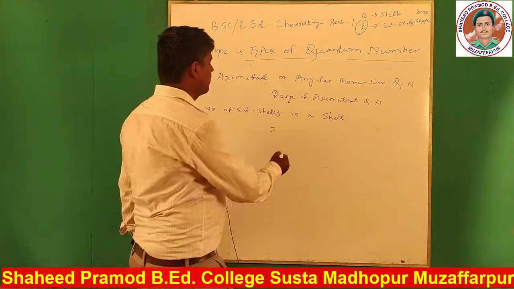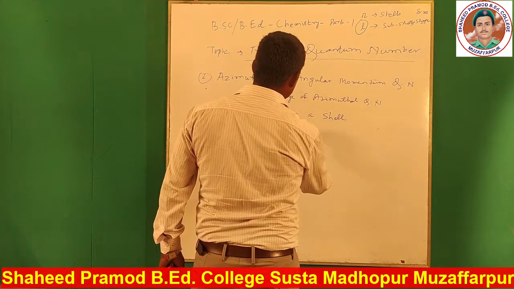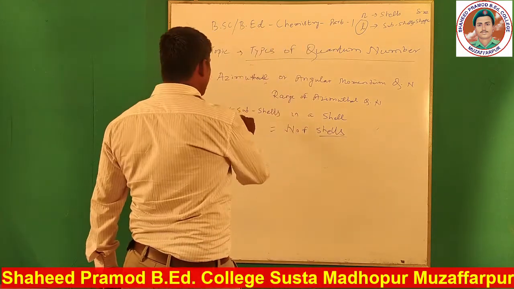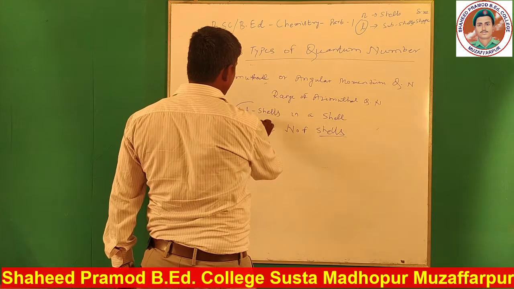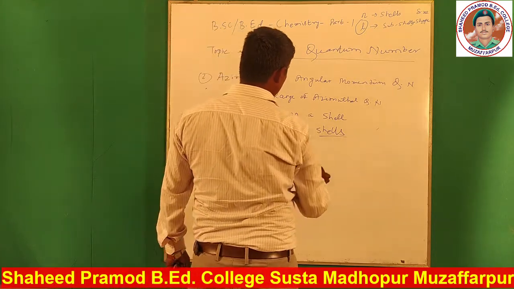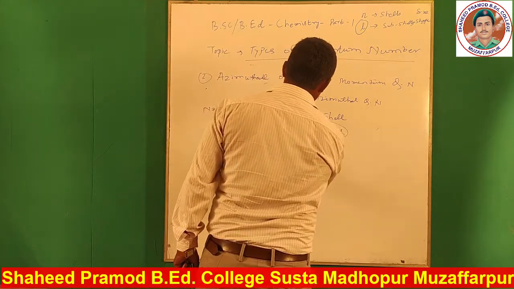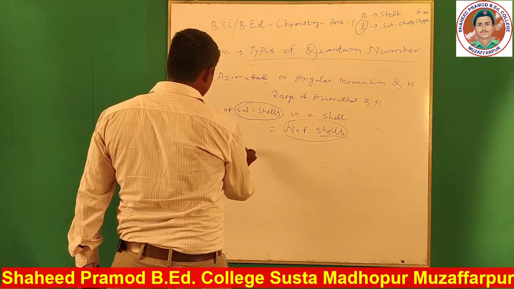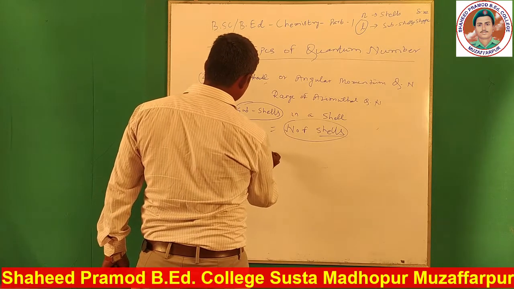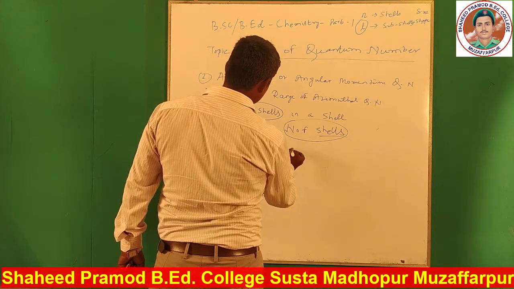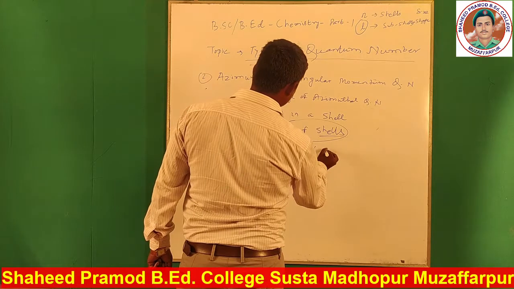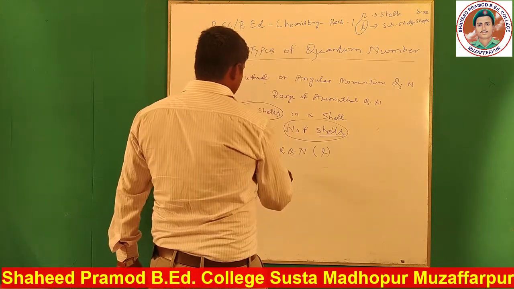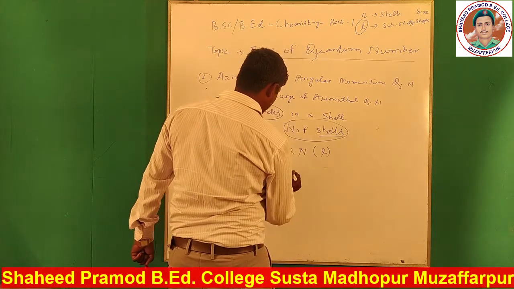It will be the number of the cell itself. So, the number of subcells will be equal to the number of the particular cell. And the azimuthal quantum number, that is called L. So, L will be 2.